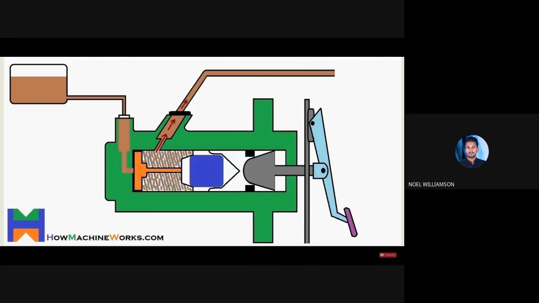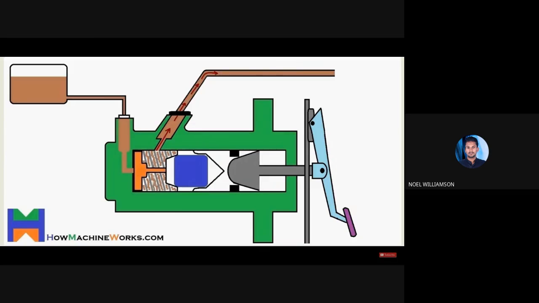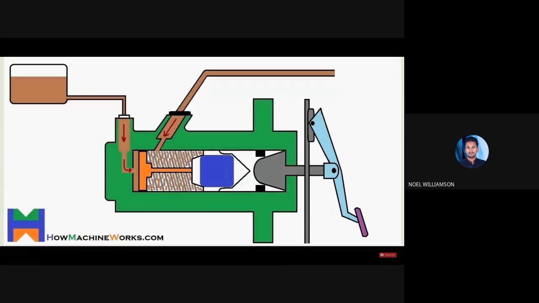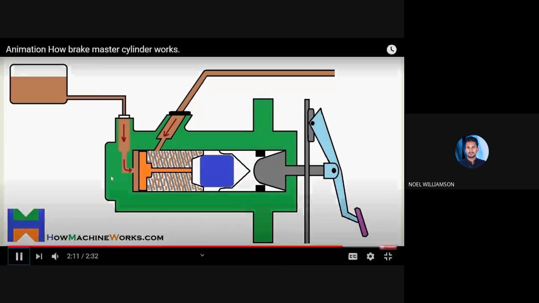Then the oil goes to the brake pistons over there, then again gets compressed, and it further goes to the brake piston and the brake is getting applied, so that the brake line is getting pressurized. And I lift the pedal. What happens? The oil comes inside, the spring goes back and gets to normal. So that's how a brake master cylinder works.